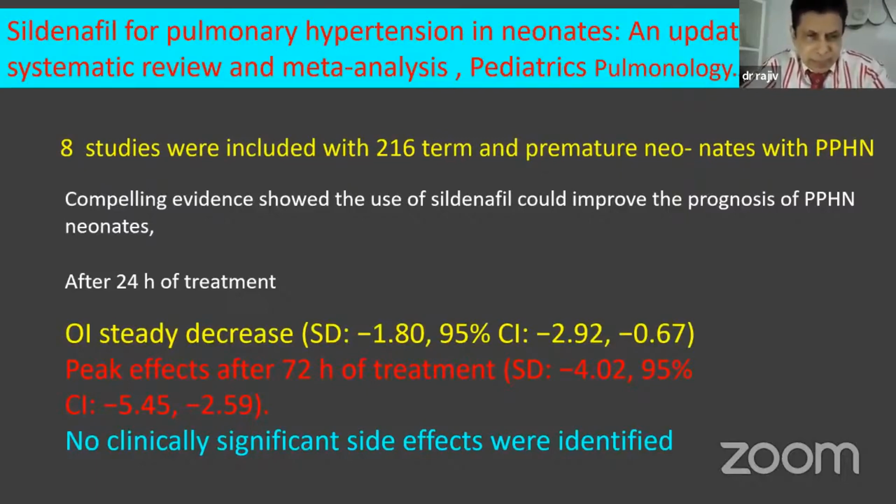That's why we wean the last 1 part per million of nitric oxide very steadily over 4 to 6 hours. So this again is a very important point for LMIC, and there is no clinically significant side effect, which is in tandem with my observations. Next slide.